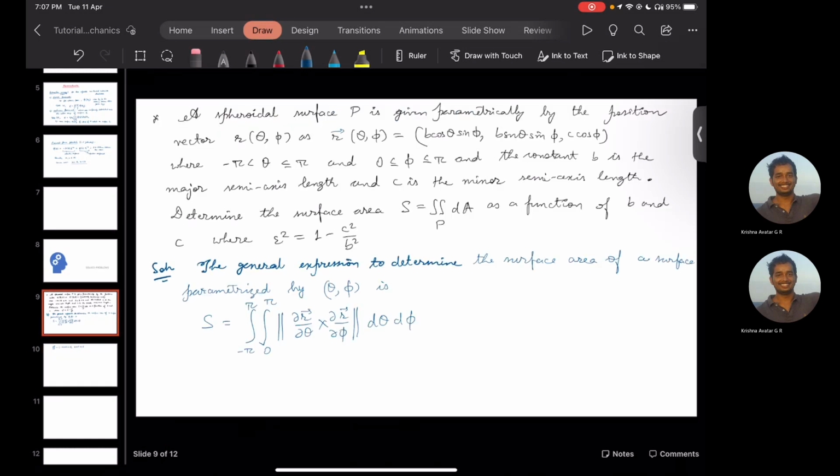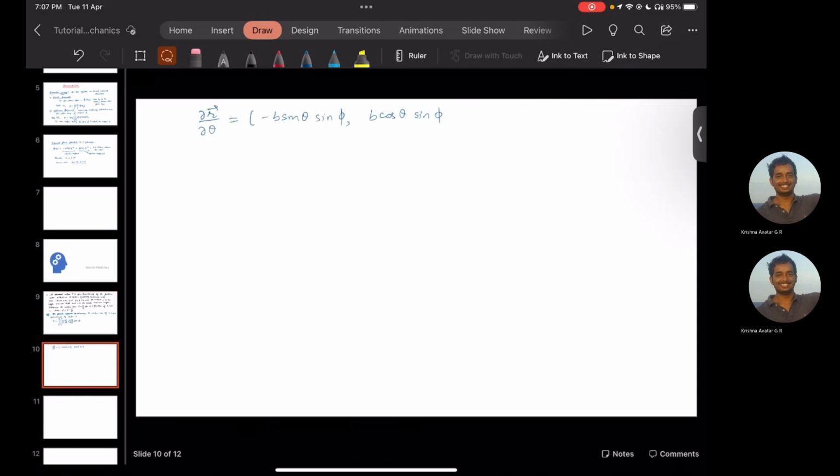Let's keep this here in front of our eyes. The third term is c cos phi, so with respect to theta it is 0.